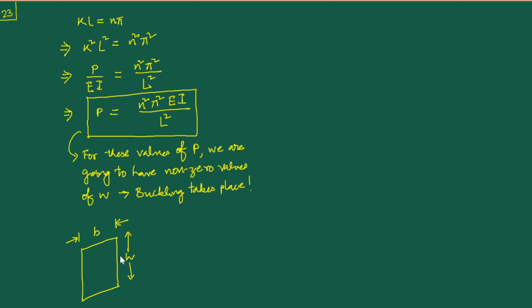So we know that, so this is our beam. If you are considering the bending about an axis like this, which is parallel to this top edge and this bottom edge, then the second moment of area is 1 by 12 bh cube.